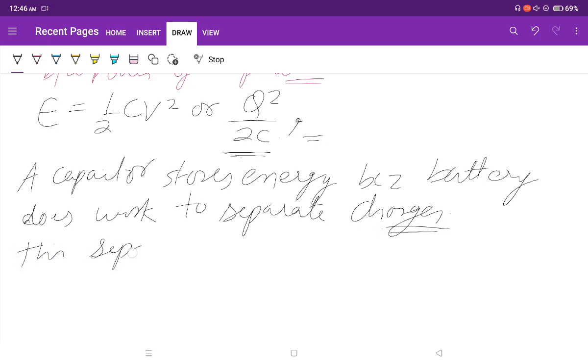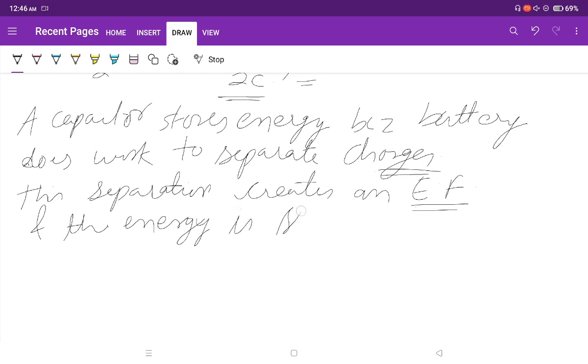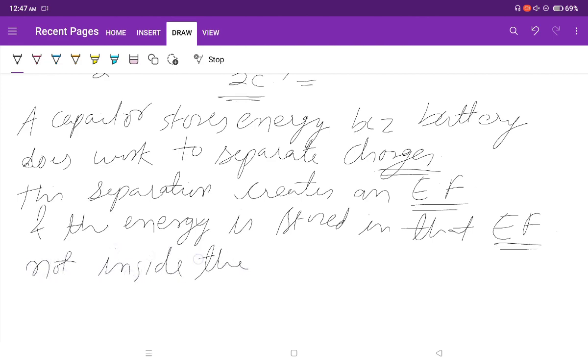This separation creates an electric field, and the energy is stored in that electric field, not inside the plates. Correct? Thanks.